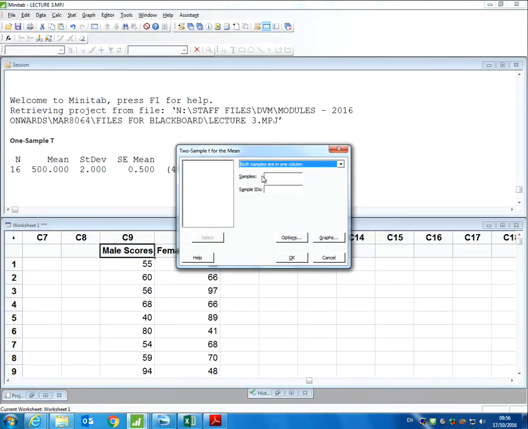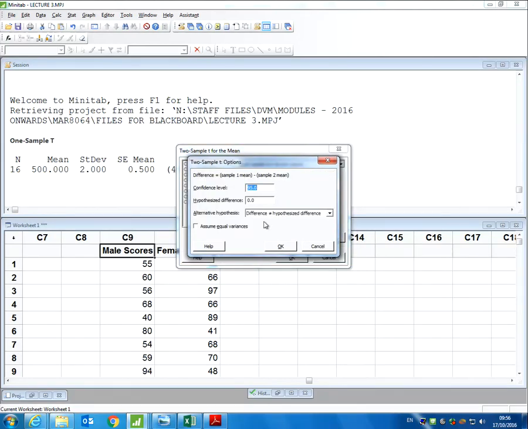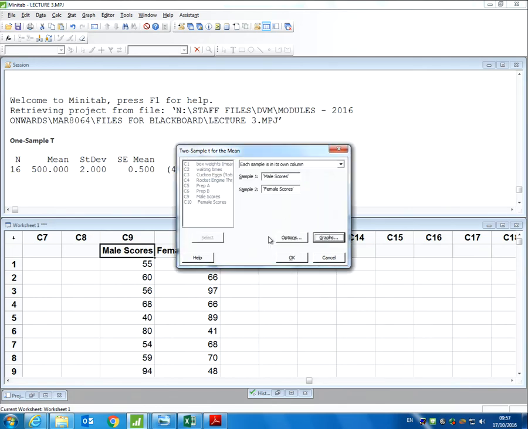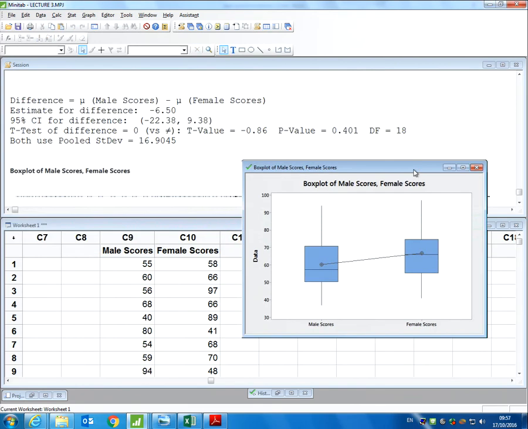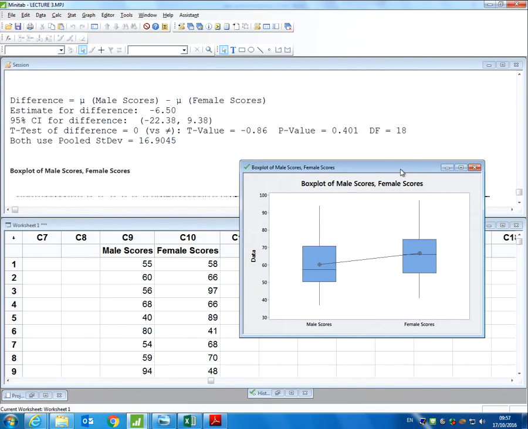It's a comparison of 2 samples that are unpaired. Now, there is an assumption of the 2 sample t that you'll see in the computer practical. The assumption is that the dispersions are similar. Okay, so you'll go to options and you'll tick assume equal variances. But before you do that, you should actually work out the standard deviations, variances, check that they're quite close. And you know, always produce graphical displays in conjunction with your test. If you want to compare 2 groups that are independent, makes sense that it's the box plot.